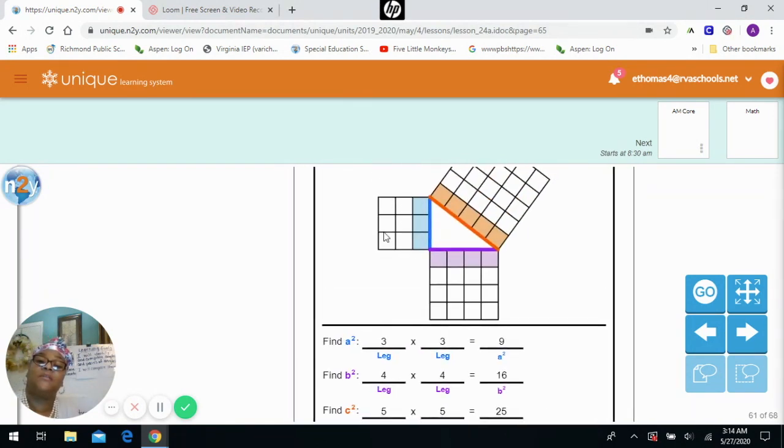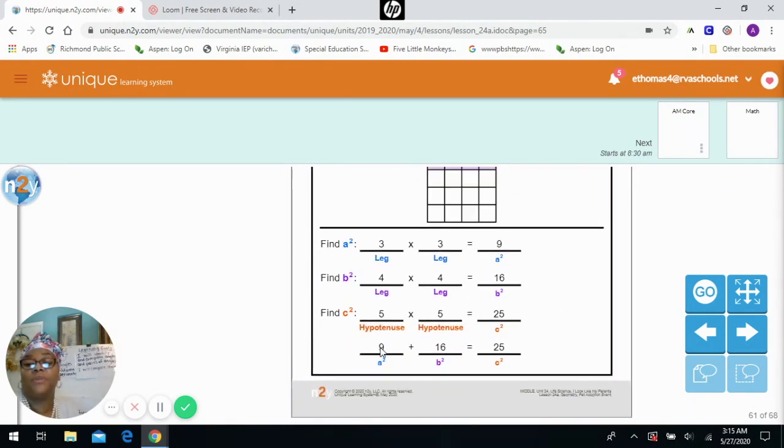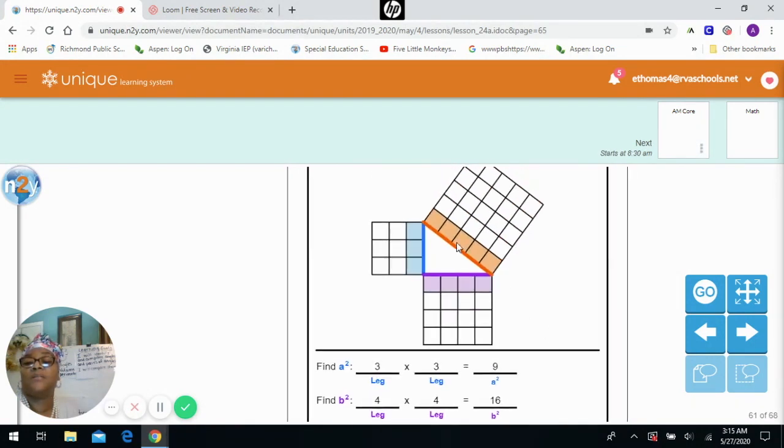So we had this squared, because remember to have the number squared, we know it's squared because it looks like a perfect square. And all of this is a perfect square. Because of that, we had a squared plus b squared equals c squared. And our c squared was our hypotenuse right here. We squared this leg and we squared that leg.